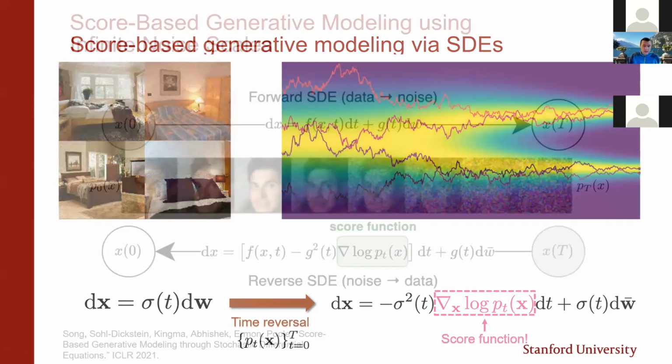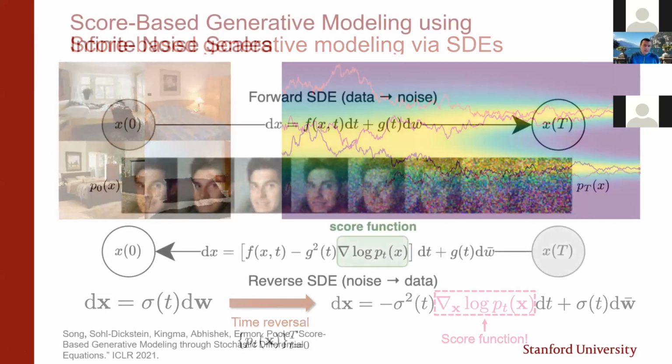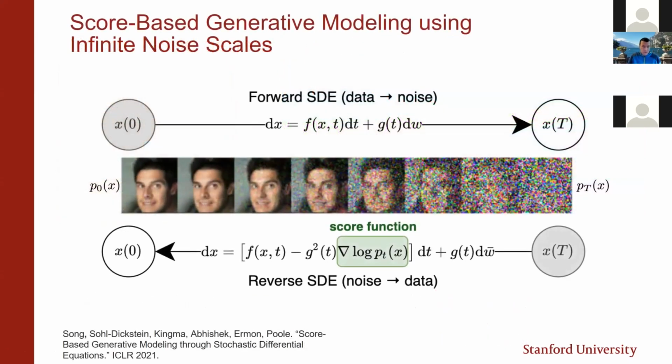And so that's the idea of using an SDE to define a generative model. We have a forward SDE that goes from data to noise, where we're simply adding noise to each data sample. This is a very simple kind of SDE to sample from. Then, just like before, the key thing is that we can characterize the reverse SDE, the process of going from noise to data, in closed form.